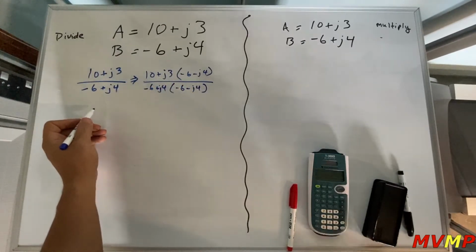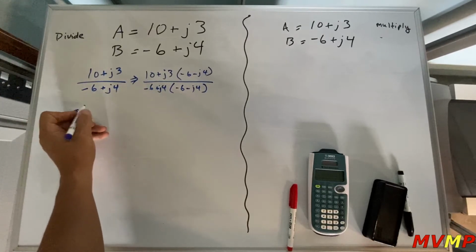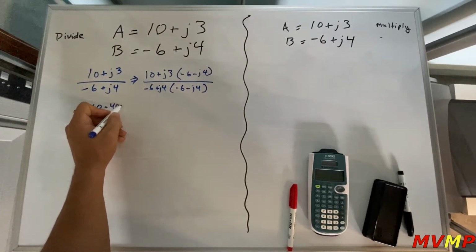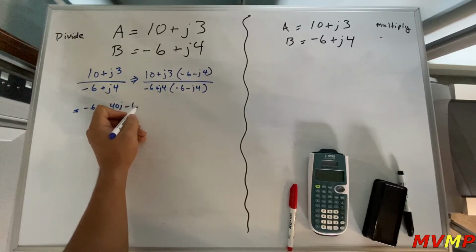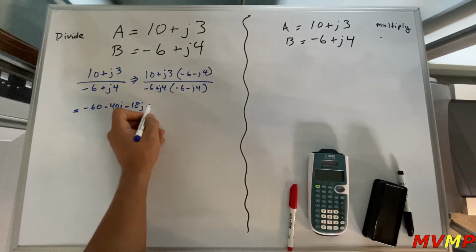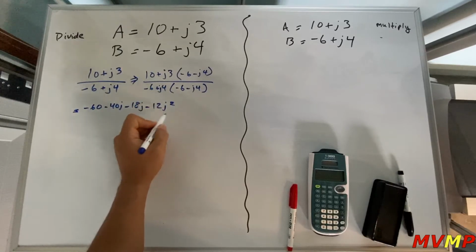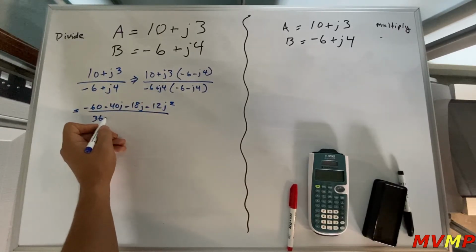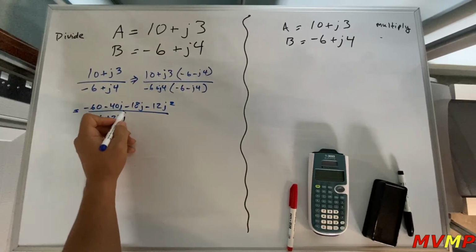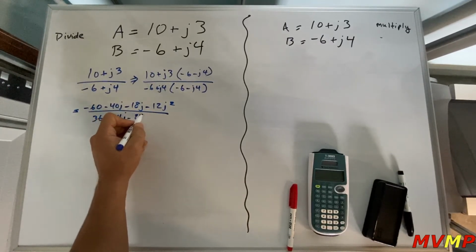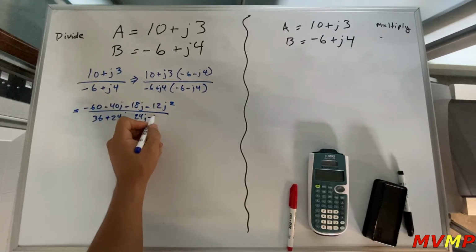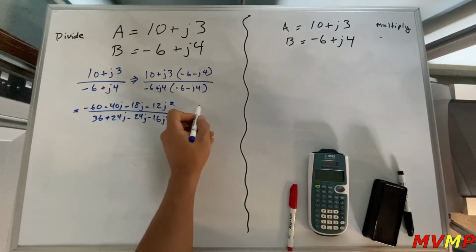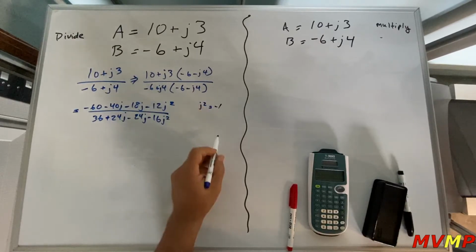And now we just solve for that, and it would be negative 60 minus 40j minus 18j minus 12j squared, and then you have 36 plus 24j minus 24j minus 16j squared. Now we know that j squared is just a negative 1.